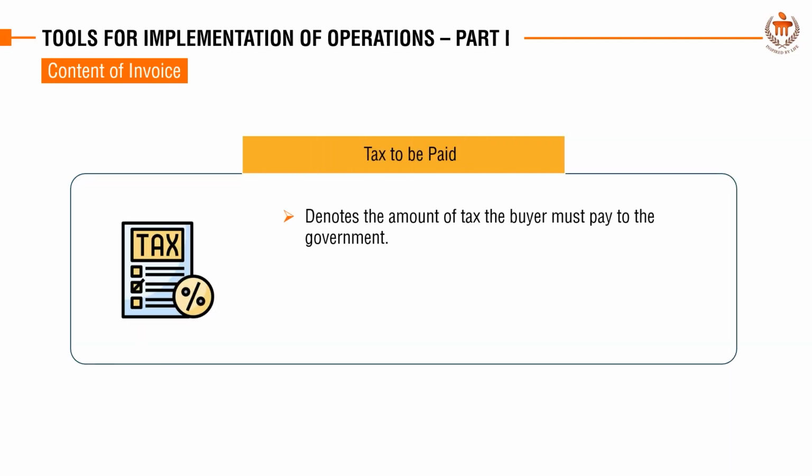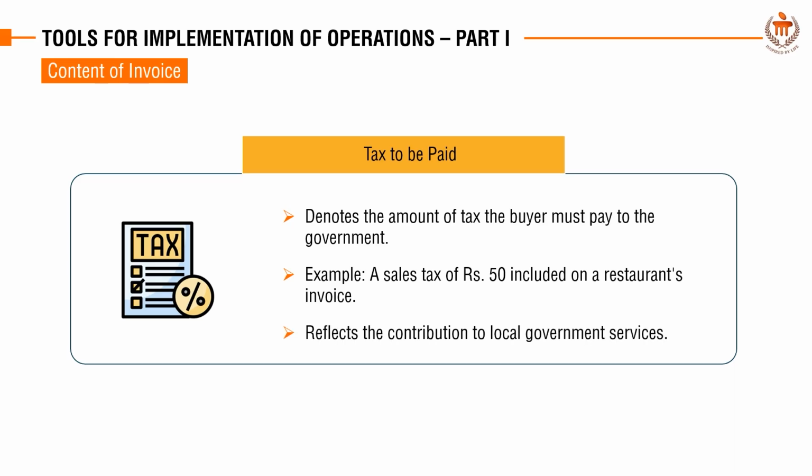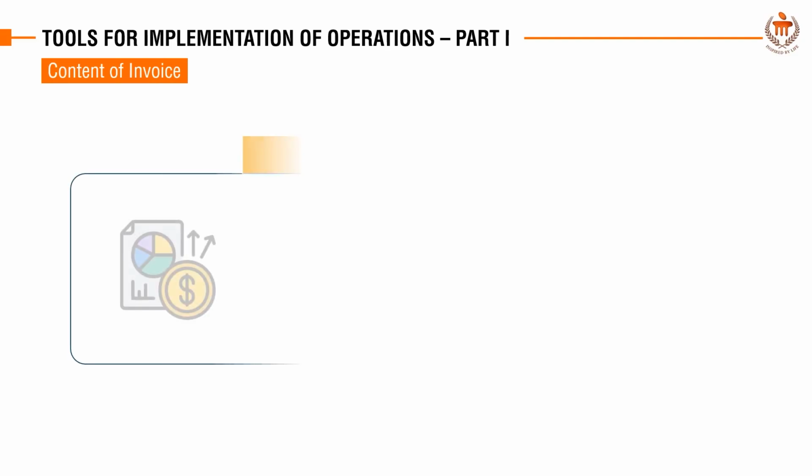This denotes the amount of tax that the buyer must pay to the government, often for public infrastructure and services. For instance, if a restaurant invoice includes a sales tax of ₹50, this amount reflects the contribution to local government services. Others.